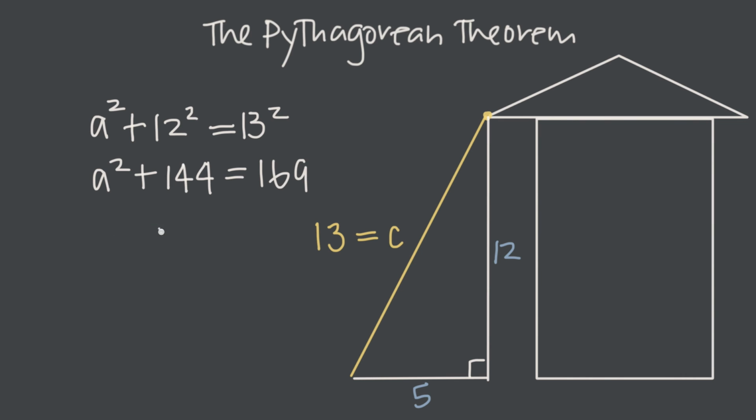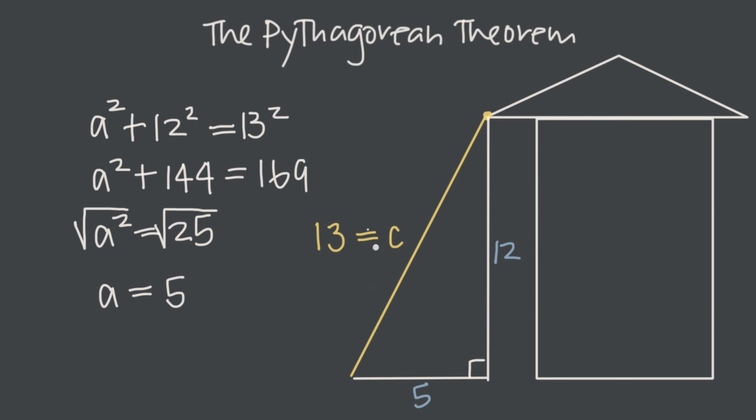Then we would subtract 144 from both sides, and we would get a squared is equal to 25. And then we would take the square root of both sides in order to solve for a. So the square root of a squared is a, and the square root of 25 is positive or negative 5. But again, remember that because we're dealing with a triangle, we have to have a positive distance, so we can forget about the negative value and just say positive 5.